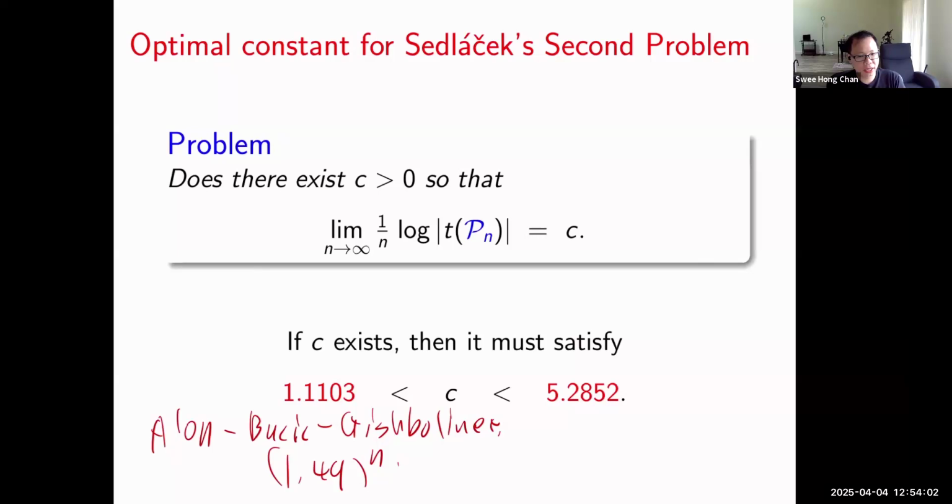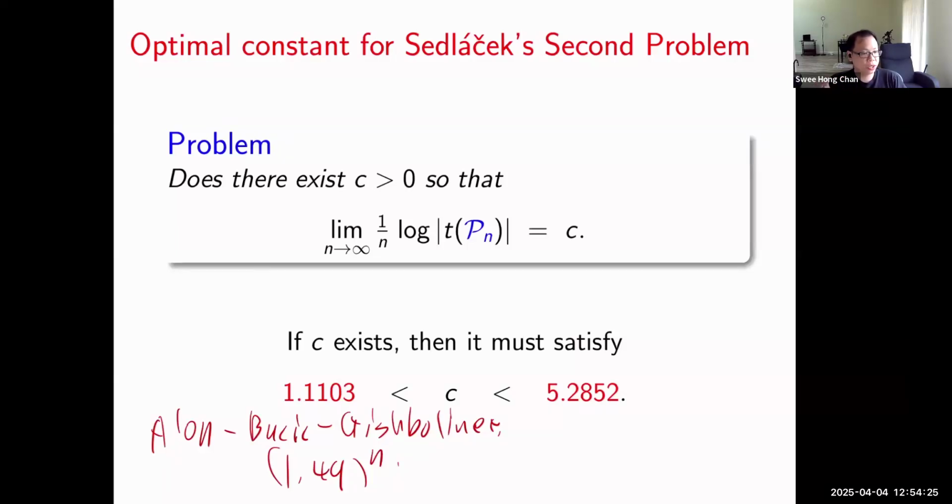Let me say one more thing. What Noga and the other two co-authors, Alon, Buchik, and Gisvoliner, did is that they took our combinatorial analysis and found a very beautiful, very simple but very slick lemma that actually removes Zaremba's conjecture from the equation.